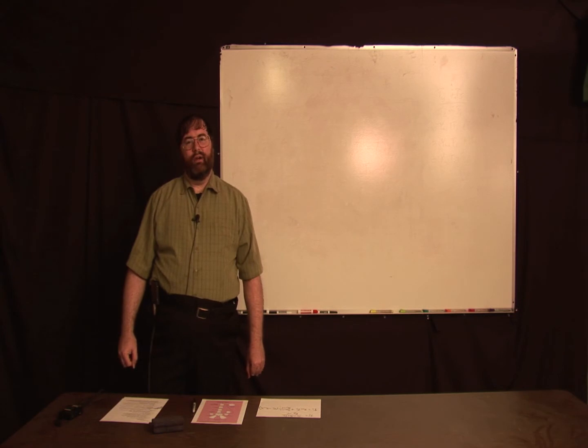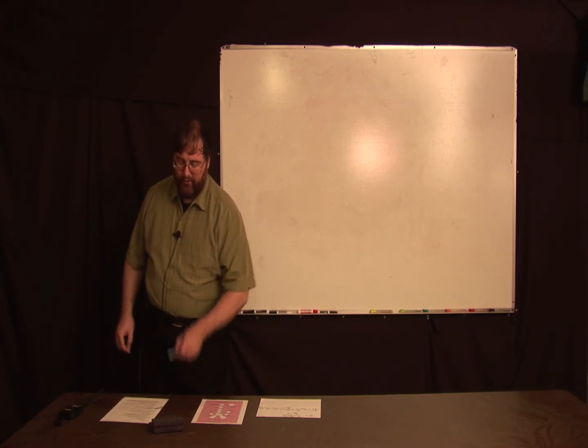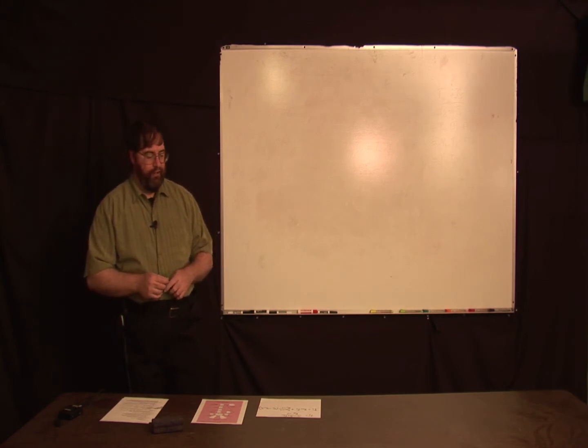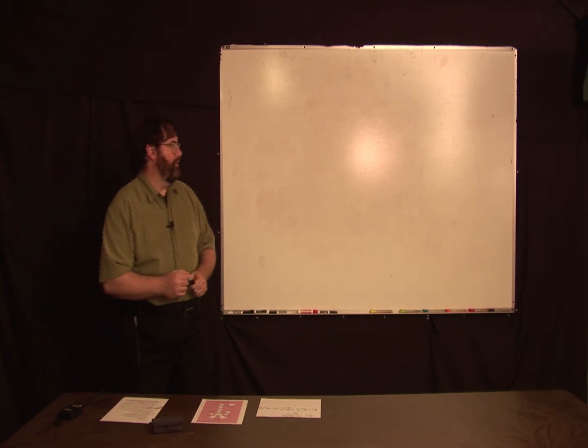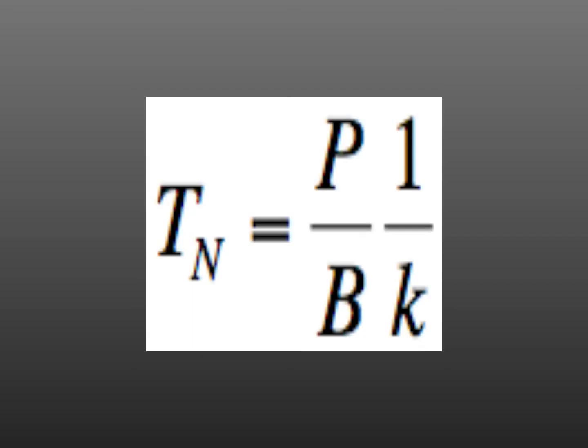Last week we talked about basic noise measurements, and in particular the definition of noise temperature. Noise temperature is the power per unit bandwidth divided by the Boltzmann constant, and it's a function of frequency.